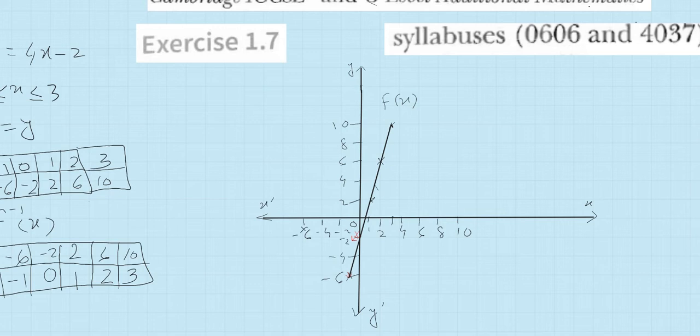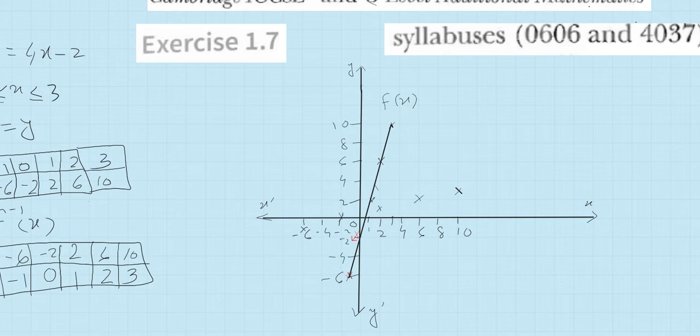Minus 2 and 0. This is the second point. Then x is 2, y is 1. This is the third point. Then x is 6, y is 2. This is the fourth point. Then x is 10, y is 3.